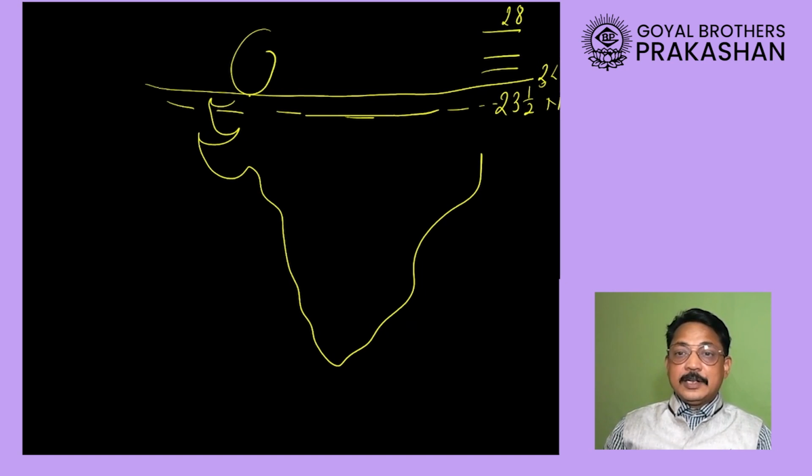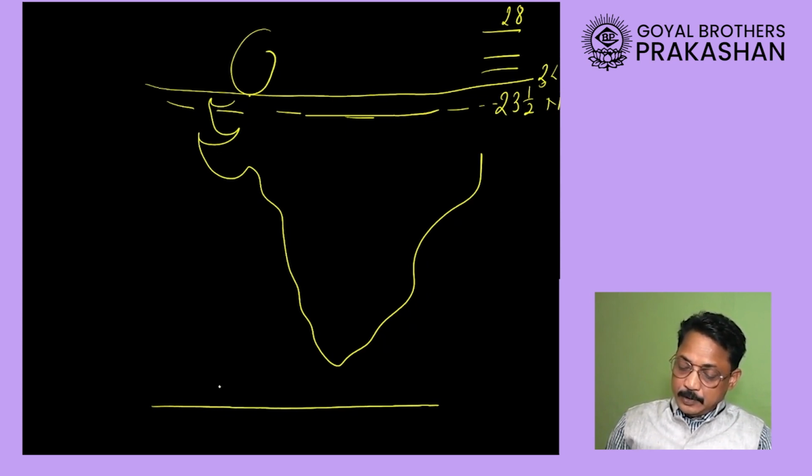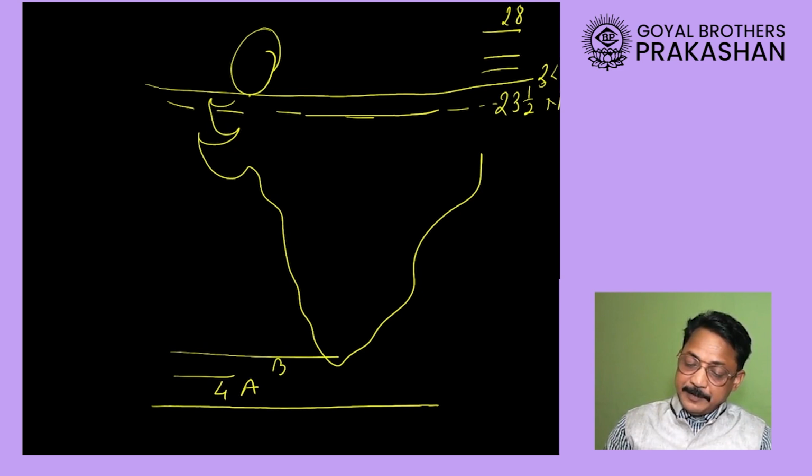So what alphabet will it get? We have already studied from the equator. If I start till 4 degree latitude, it will be A. 4 to 8, it will be B. So this comes after 24. Therefore, it will get the alphabet called G.